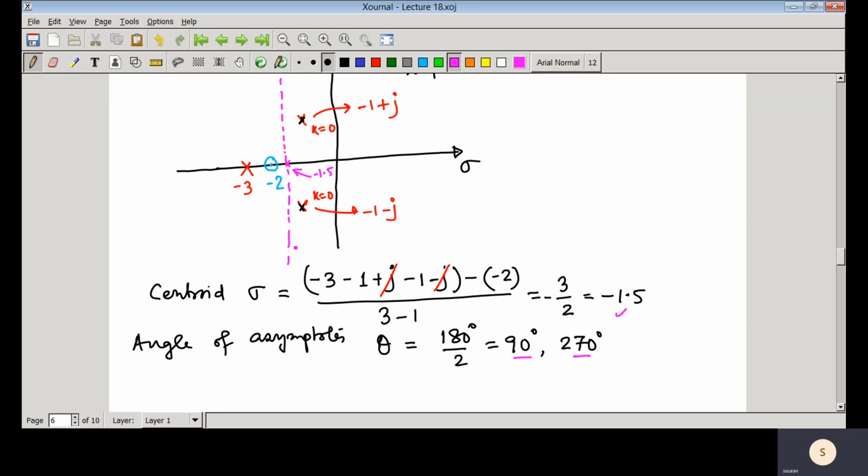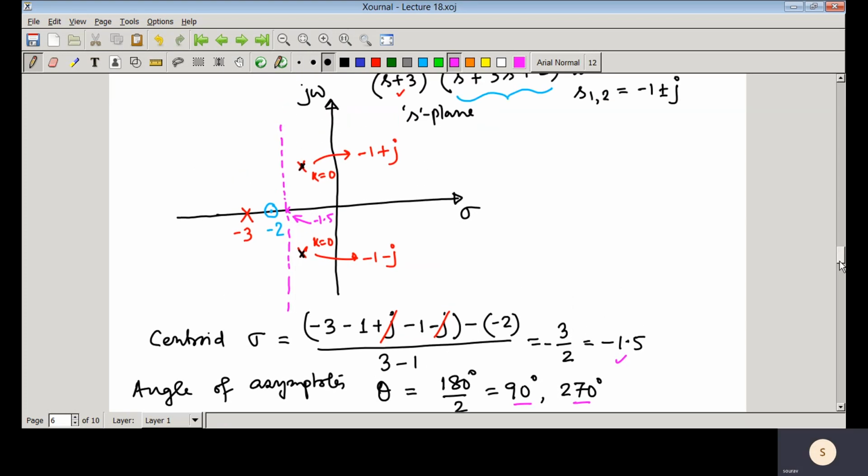Now we are interested to find the angle of departure. If we consider a point very close to this particular pole, and that point is on the root locus, it must satisfy the angle criteria.